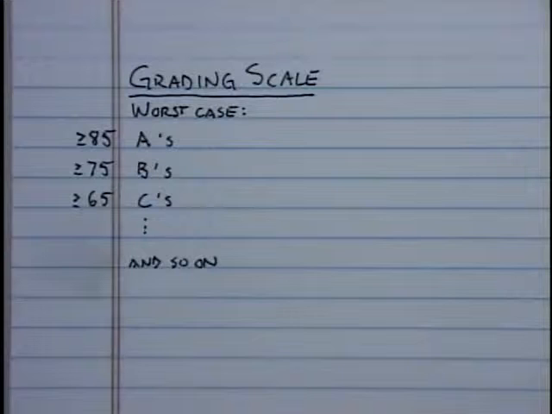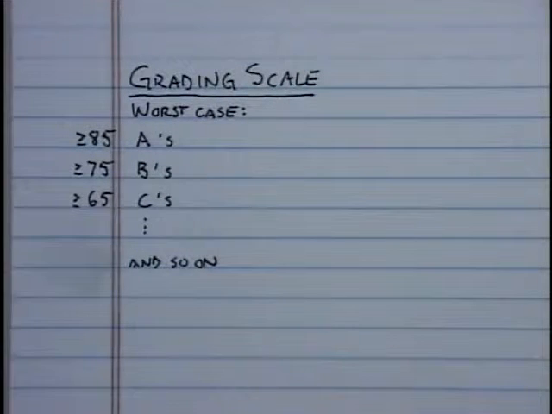because I'm going to reserve the right at the end of the semester to possibly slide those scales down by a notch or two, by a point or two. Maybe at the end of the semester, I find out that I was really tough this semester and not many people got 85 or better.